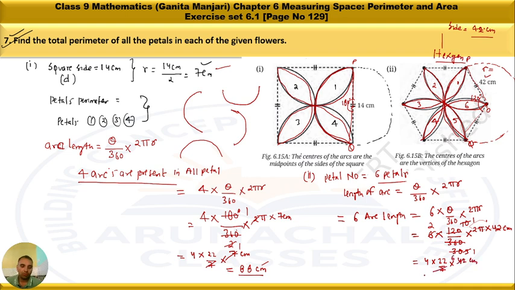Now we need to multiply 6 times 4, which is 24. 24 multiply with 22 is 528 centimeter. So this will be the perimeter of all the petals.